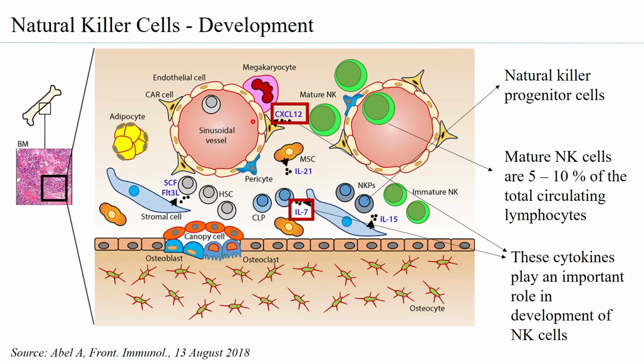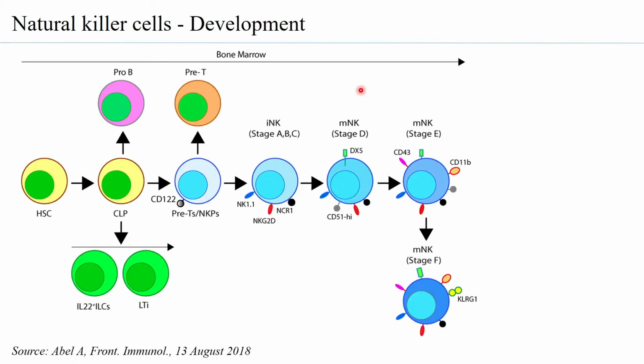CXCL12 that is released by the CAR cell and the IL-17 that is released by the stromal cells are able to lead to differentiation of the natural killer progenitors into mature natural killer cells.